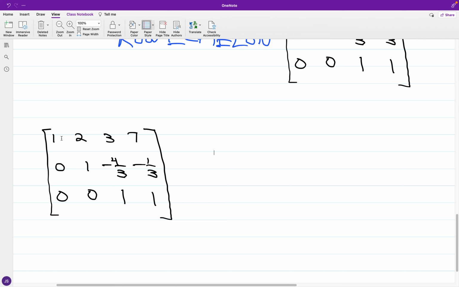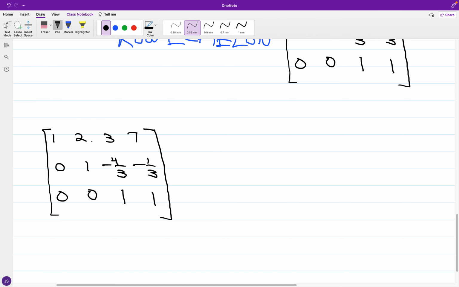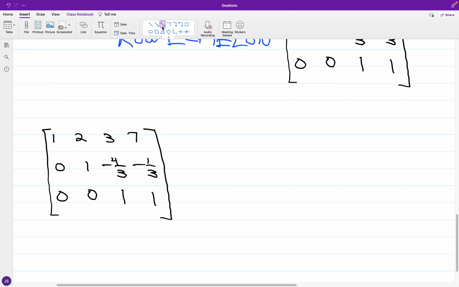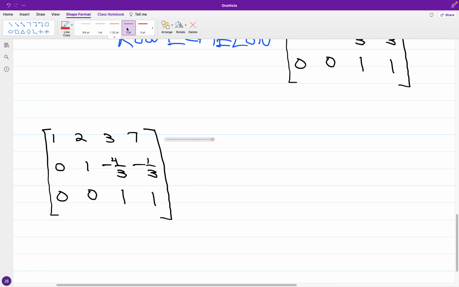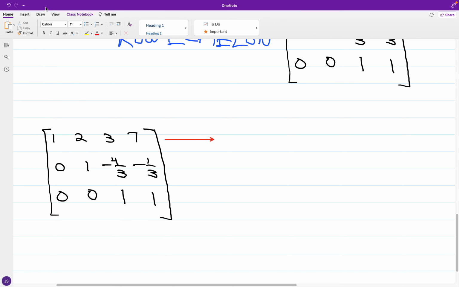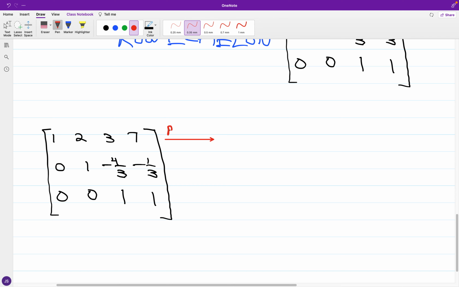So I want to read out 1, 0, 0, 0, 1, 0, and 0, 0, 1. So what I can do here is convert the 2 from the top row into a 0. In this pathway, I can say that I have R1 minus 2 times the second row.